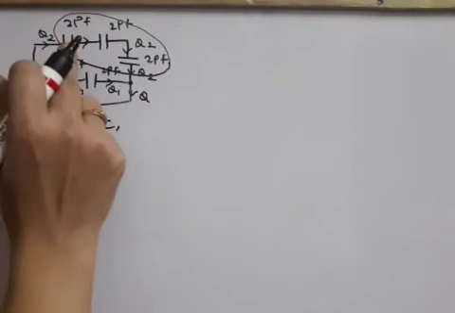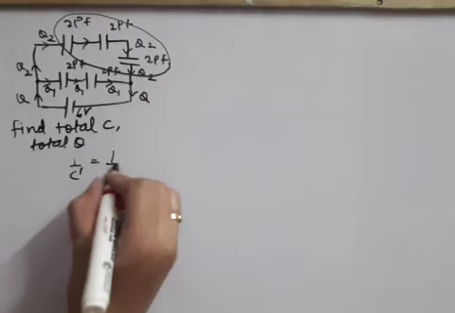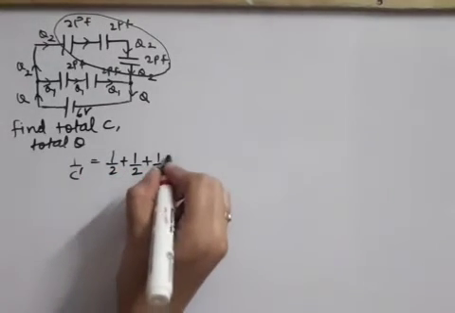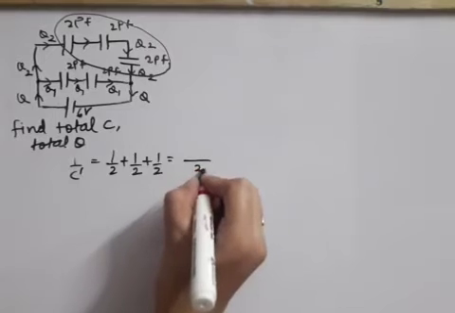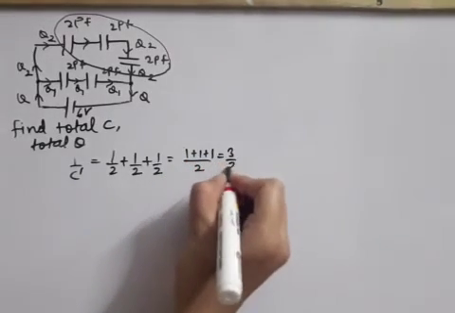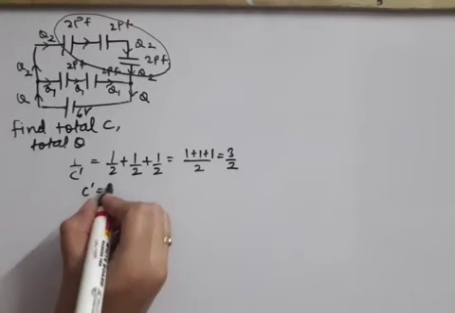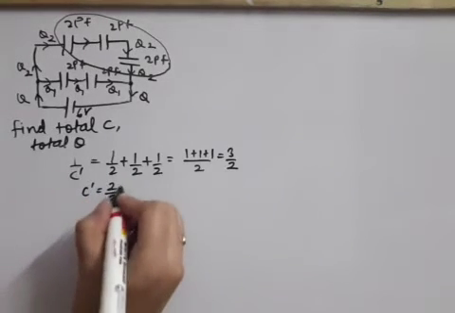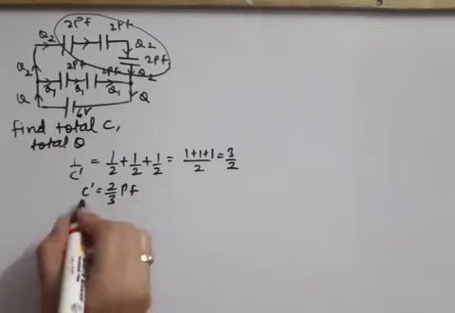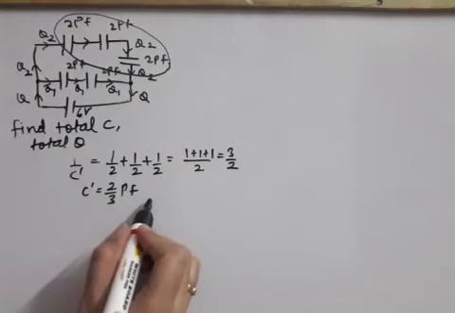So first, second and third, three capacitors are there. So 1 by C dash equal to 1 by 2 plus 1 by 2 plus 1 by 2. Let us take LCM 2. It will become 1 plus 1 plus 1. That means 3 by 2. So we have to reciprocal it again. So it will become 2 by 3. Picofarad at last we have to write. So the net answer of these three capacitors is 2 by 3 picofarad.